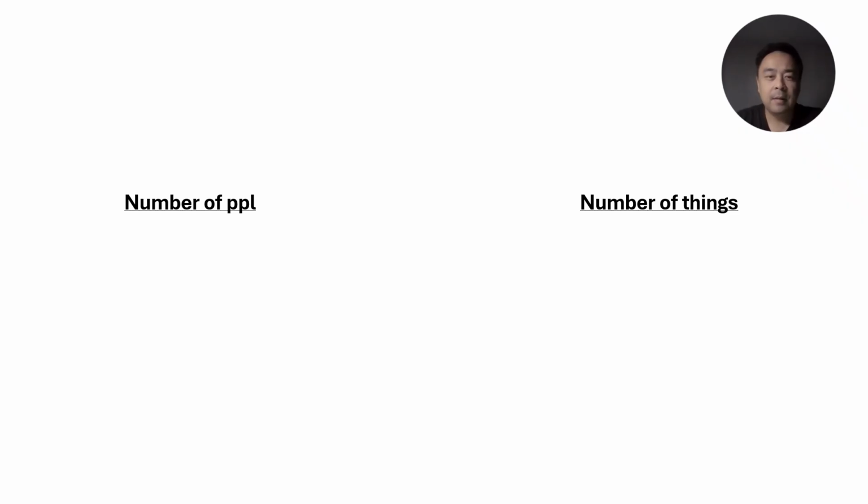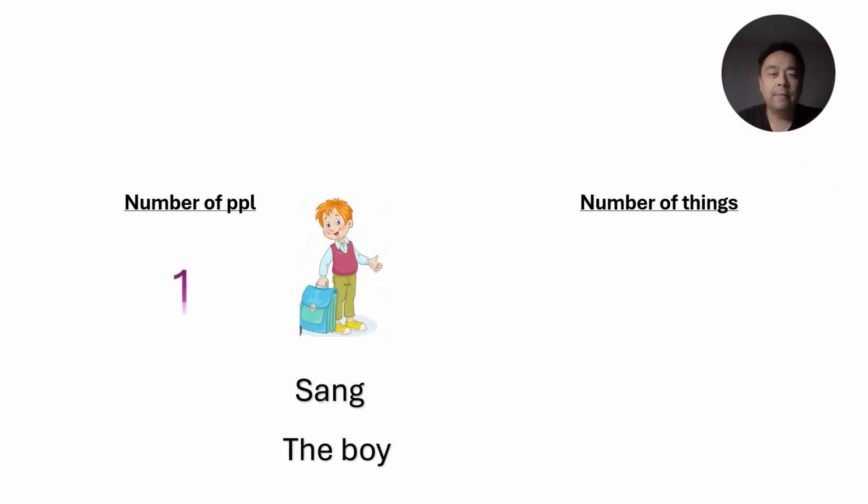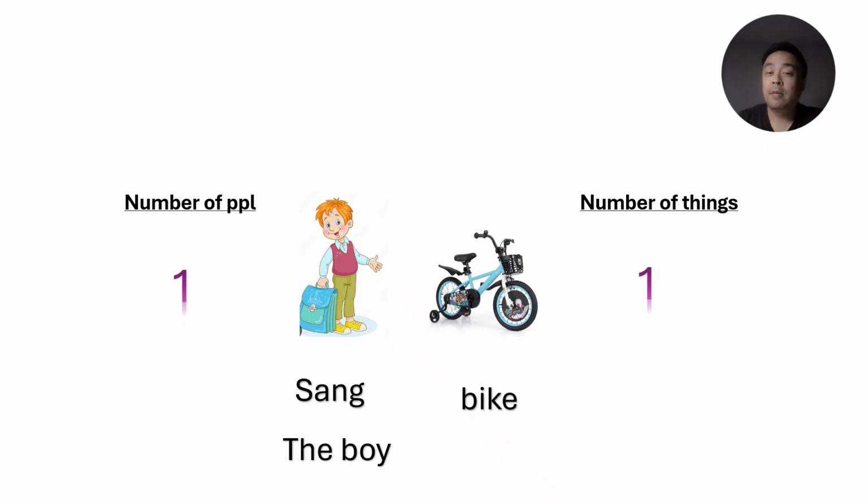Let's say we have a boy and his name is Sang. There is only one person. There is one bike, and the bike belongs to Sang. I can say Sang's bike or the boy's bike with an apostrophe S. Easy.